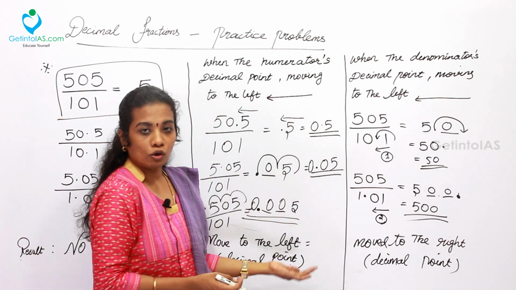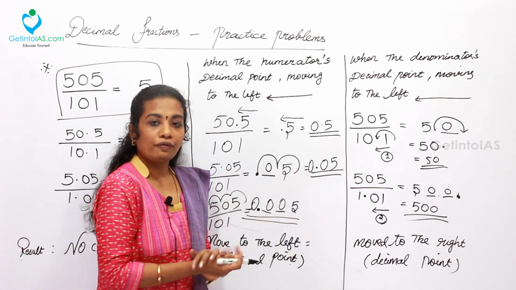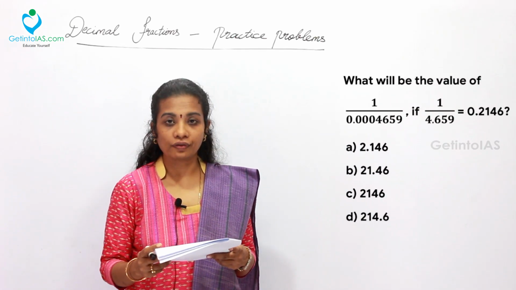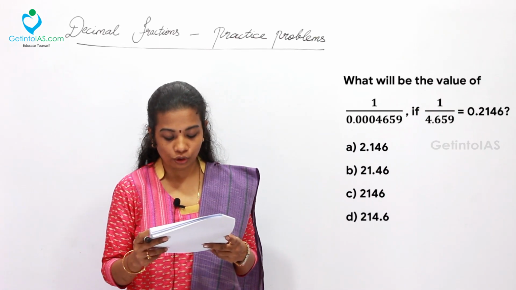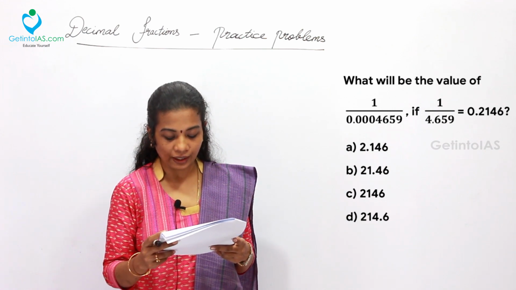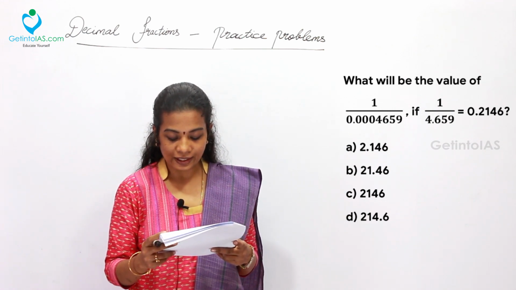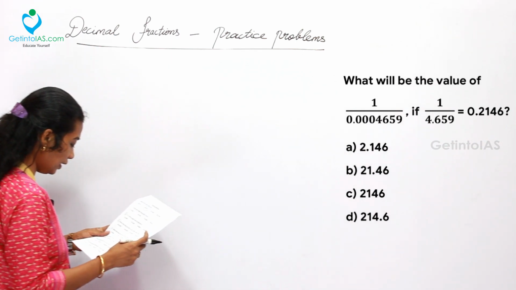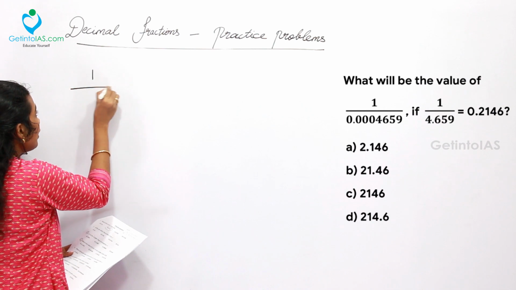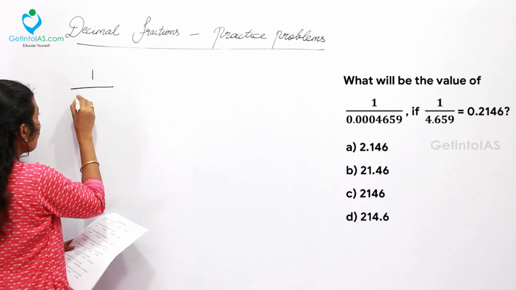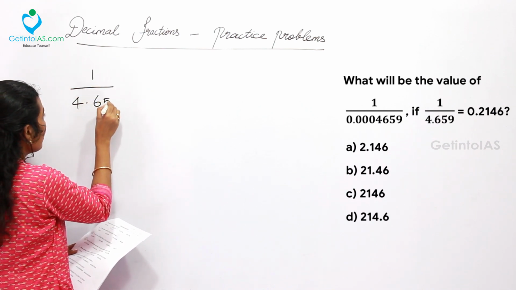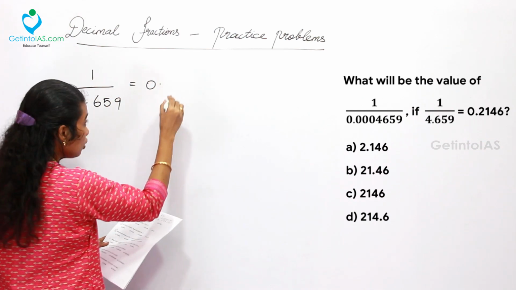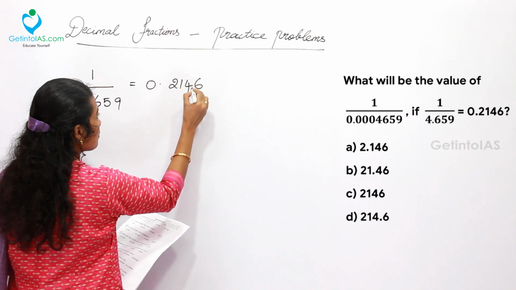So these are the basic concepts required to solve some of the questions. Let's move on to the question. The question in front of you is: what will be the value of 1 by 0.0004659 if 1 by 4.659 is equal to 0.2146? It is clearly given that 1 divided by 4.659 will give you the value 0.2146.